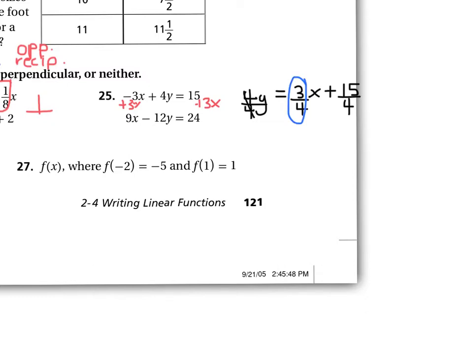When we solve the second equation for y equals, we will subtract 9x from both sides and get negative 12y equals negative 9x plus 24. Then we'll divide everything by negative 12.